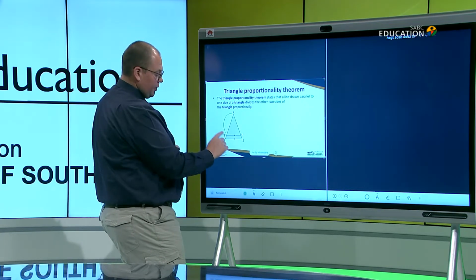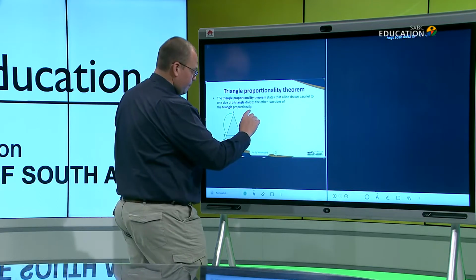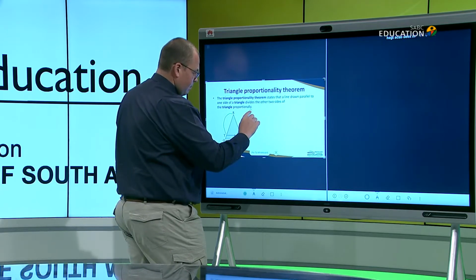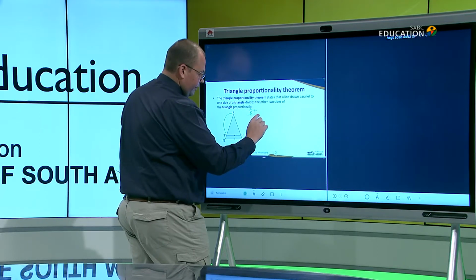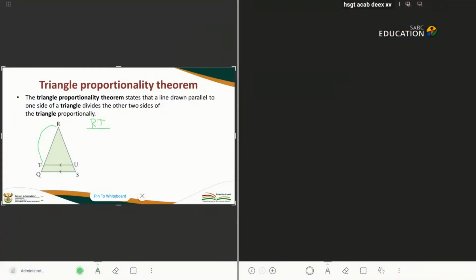I will take the top part of the side, RT, and it will be divided by the small part at the bottom, meaning the remainder, TQ.